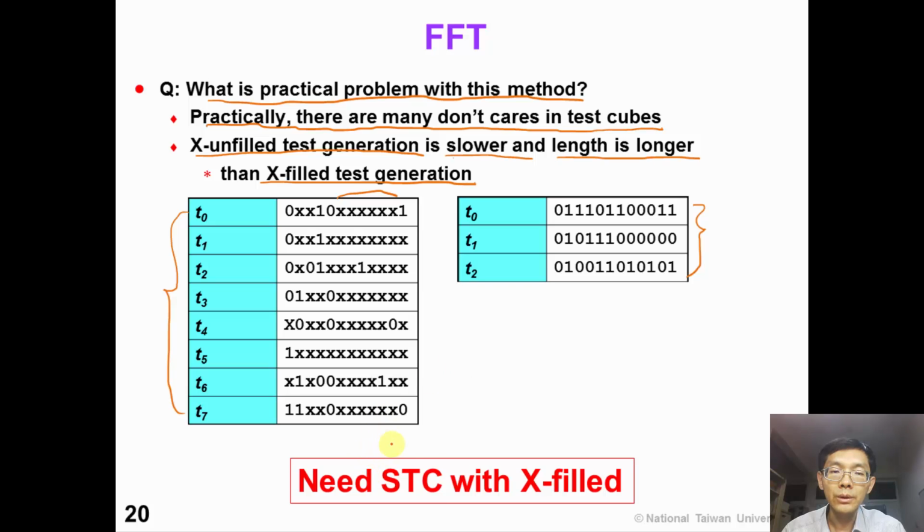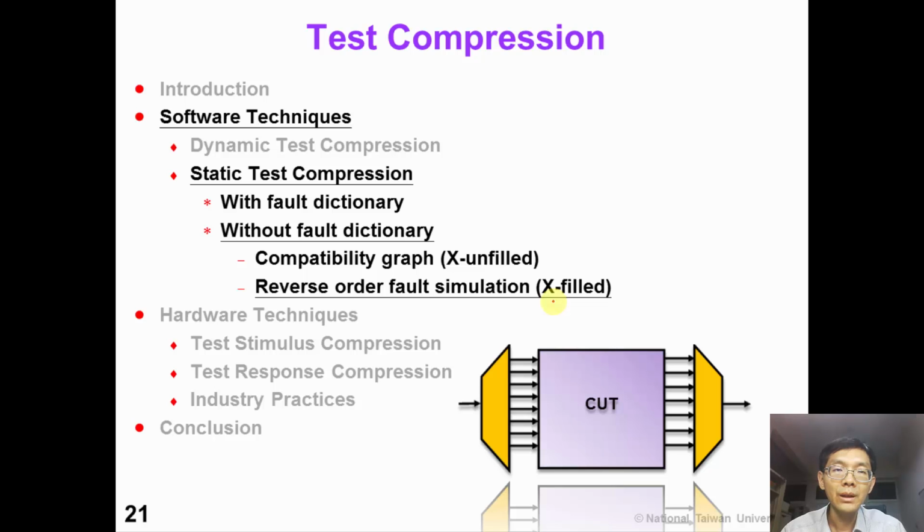So it is preferred that our STC start from a set of X-filled test patterns. So what can we do to compress the X-filled test patterns? So in the third case, we will introduce static test compression without dictionary starting from X-filled test patterns.